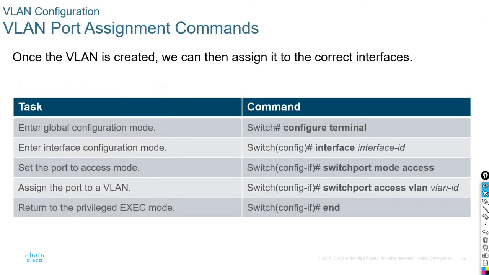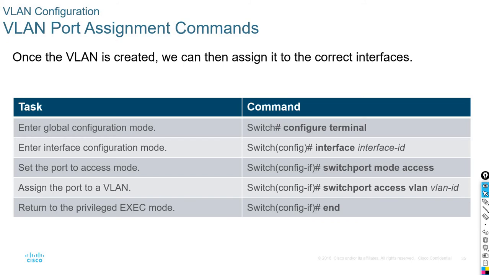VLAN port assignment commands. Once the VLAN is created, we can assign its correct interfaces here. After creating a VLAN, the next step is to assign ports to the VLAN. The switchport mode access command is optional.